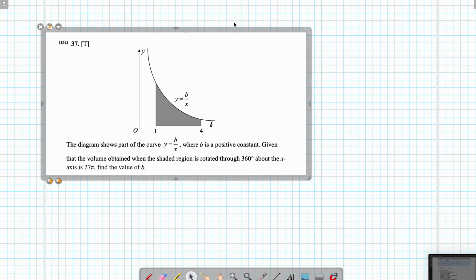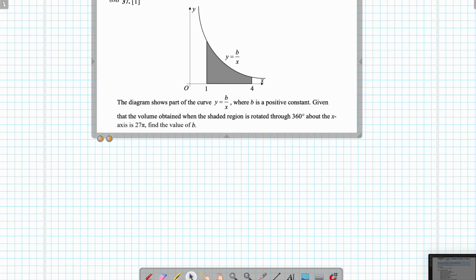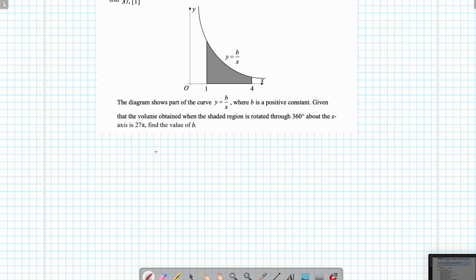Shrink it like this, and let's start. When they're speaking about volume, 27 pi is equal to pi times the function squared, from 1 to 4, the function squared, which is b squared over x squared.